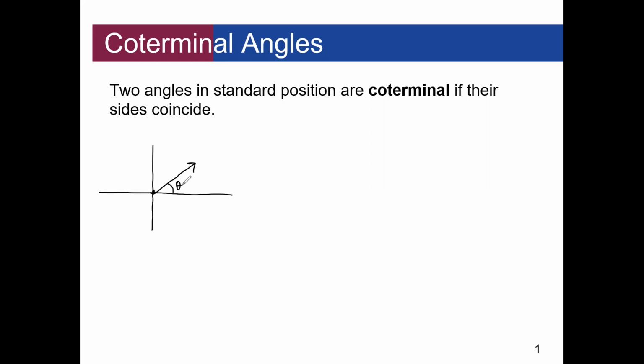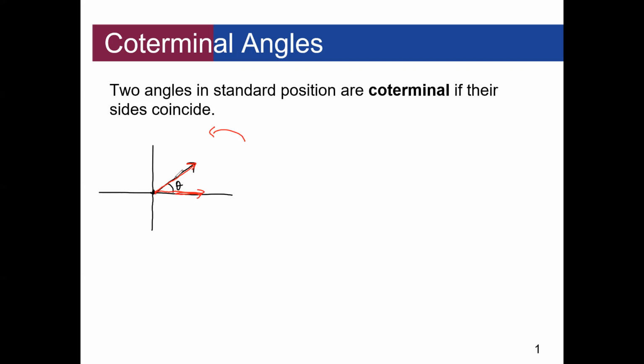If I am finding a coterminal angle in a positive direction, then I want to search for an angle such that after a certain rotation, I come back to where I started. So this is the terminal side of the angle, and this is the initial side of the angle.